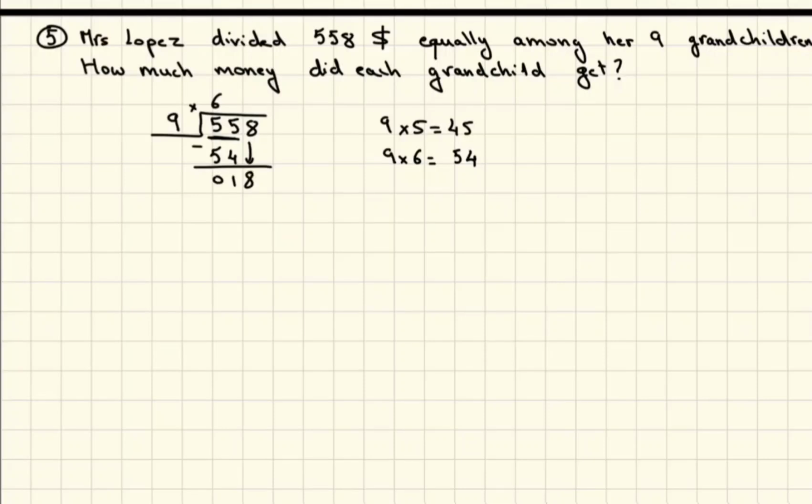Now we bring the 8 down and we get 18. Now 9 multiplied by how much is 18? We know it is 2. So we write 2 on top. 9 times 2 is 18 and we subtract. So basically when we divide the 558 by 9, each will get $62.